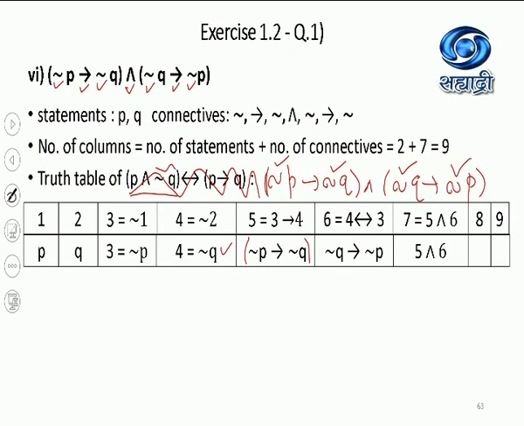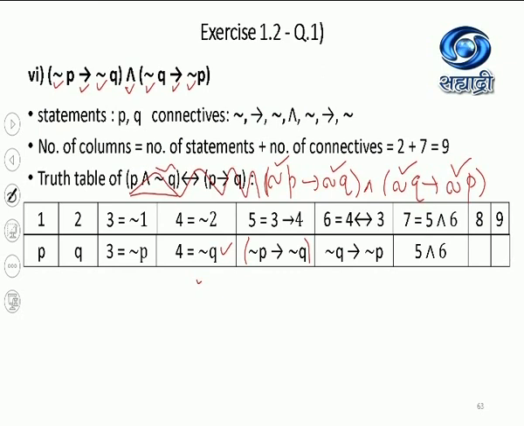Similarly, negation P column also exists in column 3. So instead of again writing the columns negation P, negation Q, I have avoided that repetition, and that is the reason by default, yes, there are 9 columns, but 2 columns are already in repetition. I am not going to use them.